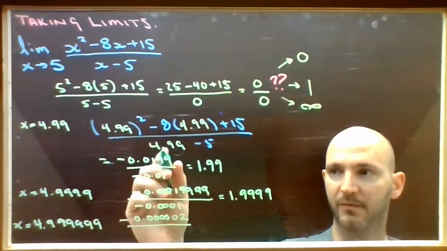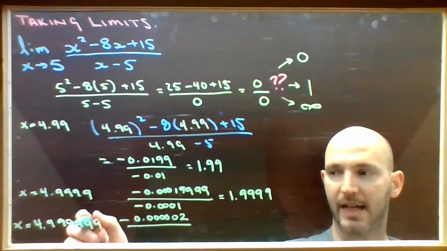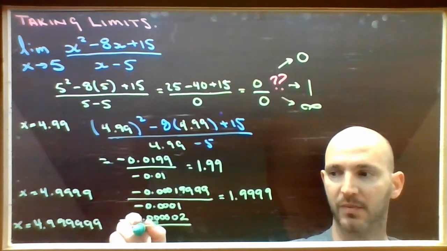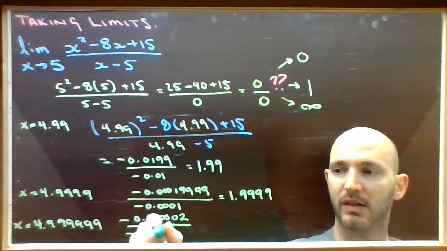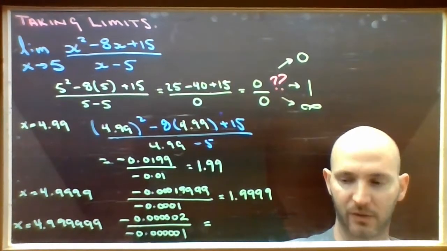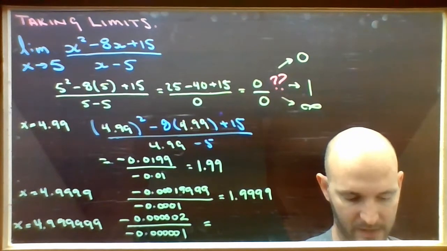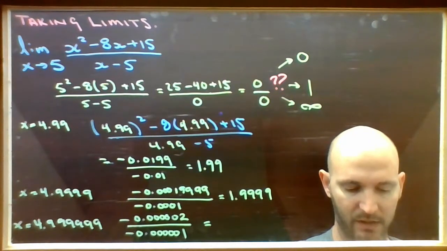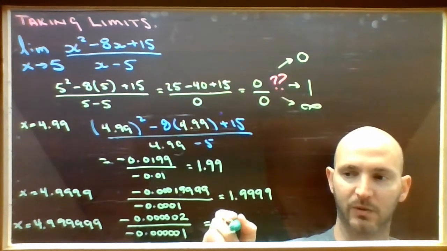And the bottom, 4.999999 minus 5, would be negative 0.000001. And if I do this divided by this, I get 2.